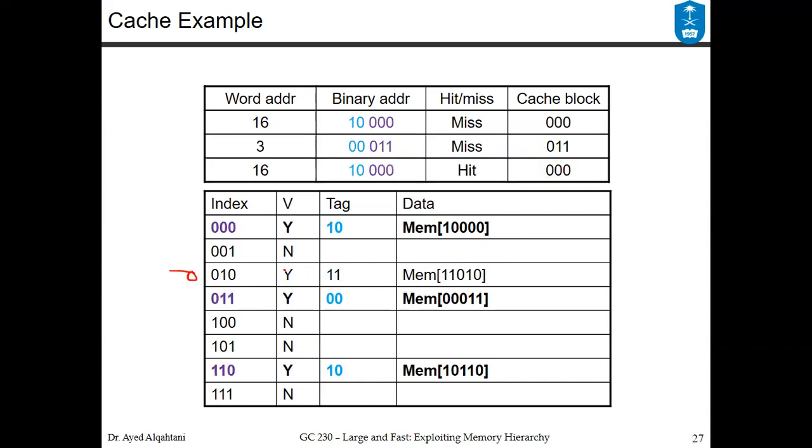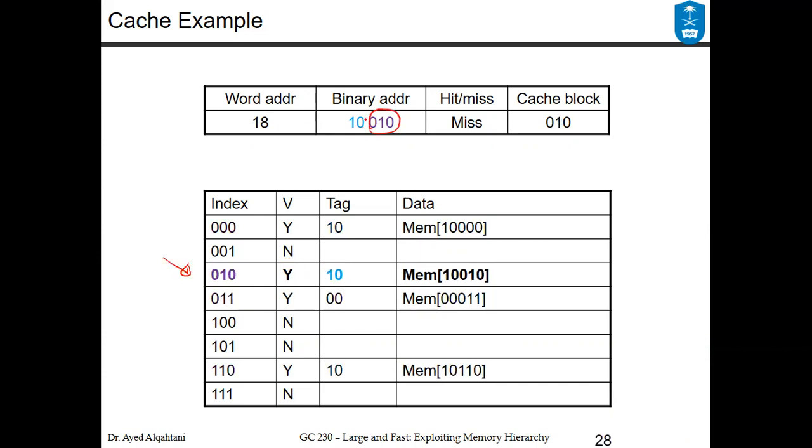If you compare between this one and this one, the valid is Y. However, the tag is 11 in the old value, and what you are requesting has a different tag. So what happens? It means that you need to take it out and overwrite it.